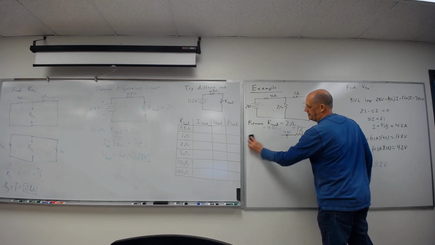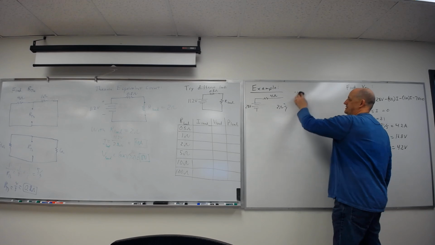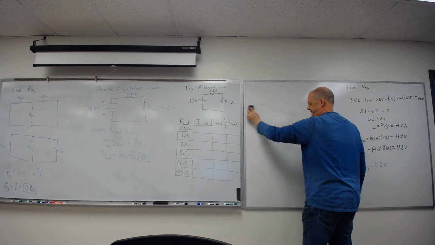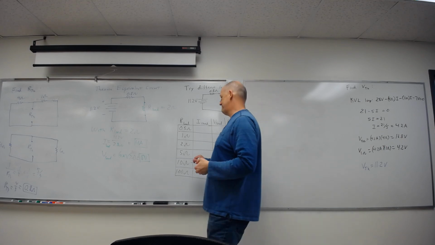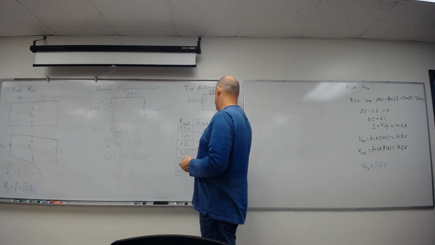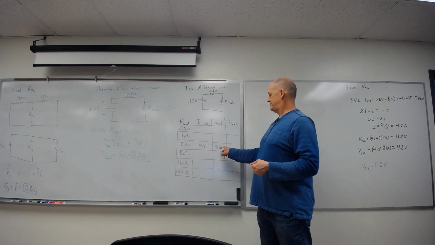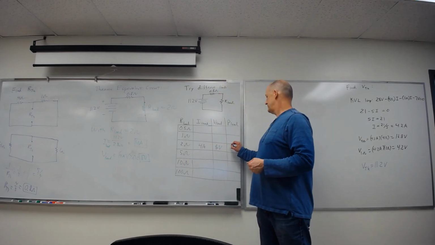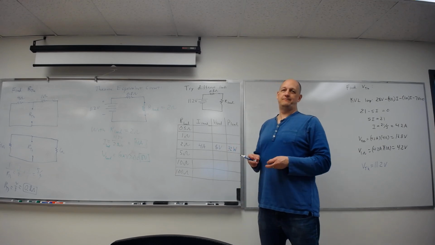All I'm going to do here is go through and solve the first line or so of this. Actually, the third line in. What's the power? Current times voltage. 32 watts.